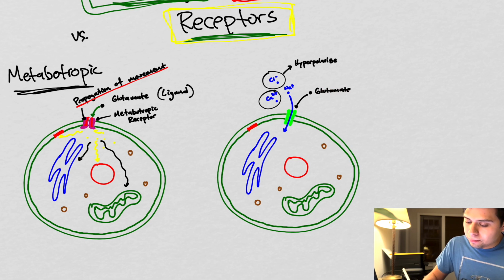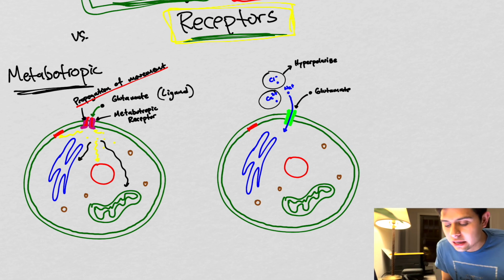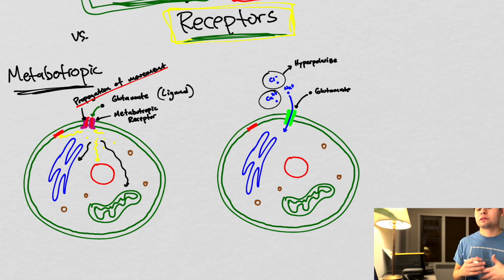Upon the binding, a conformational change will happen, but instead of inducing a cascade of events inside the cell, you allow a rush of ions to flow into the cell. And the rush of ions is what's important because it hyperpolarizes or depolarizes the cell. Upon the hyperpolarization or depolarization, you can get an action potential, for example, or you can get something happening in the cell that the cell needs to have happen.